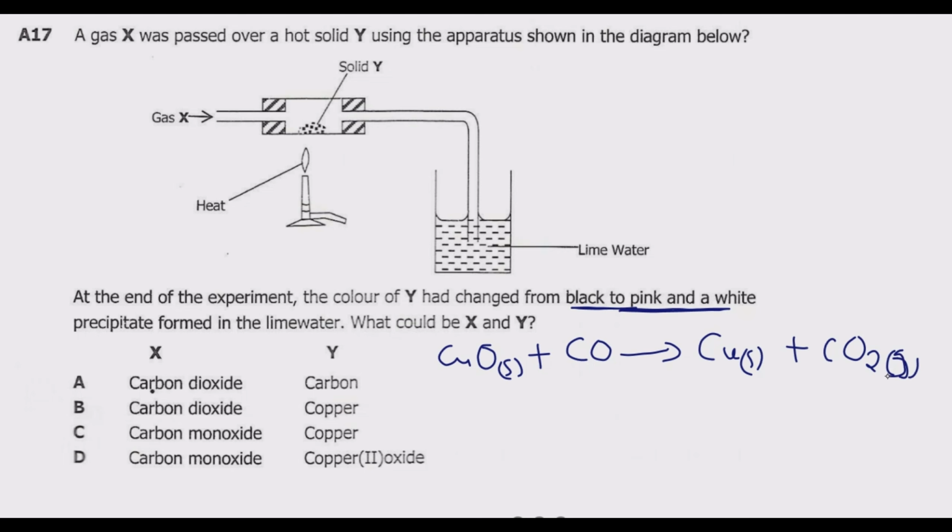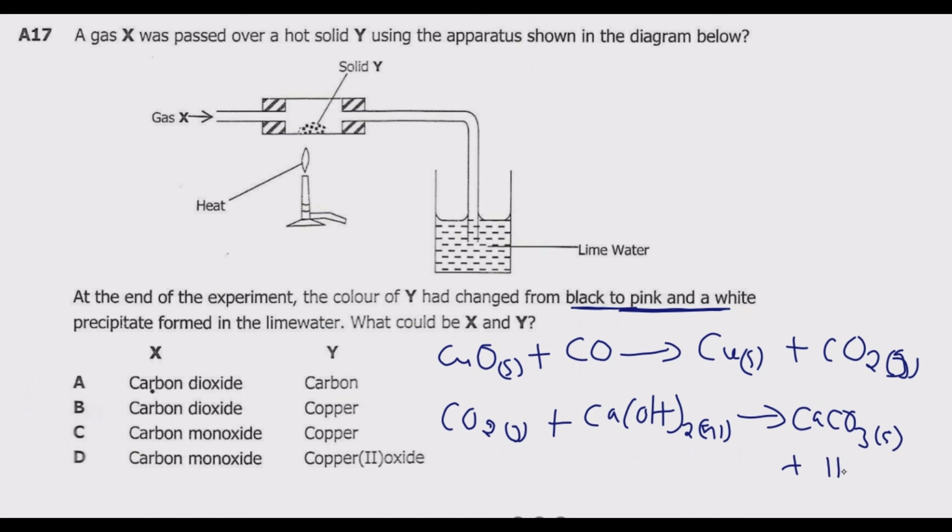So we are going to have now carbon dioxide, which is a gas, react with calcium hydroxide, which is the lime water, which is aqueous. Then this is going to give us calcium carbonate, which is the white precipitate that we are going to see, which is a solid, plus water, which is liquid.